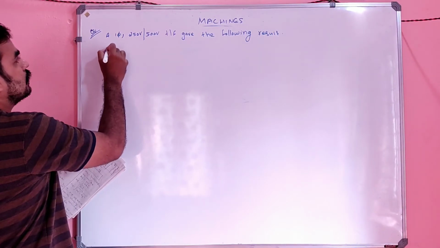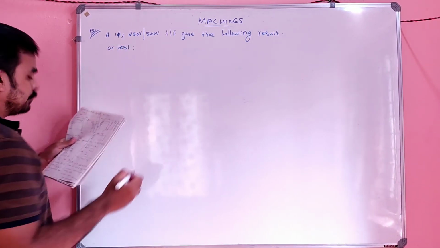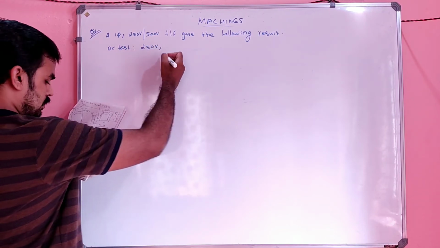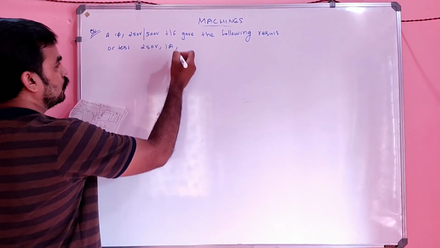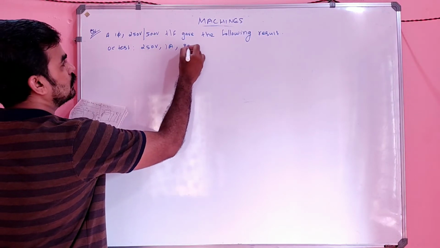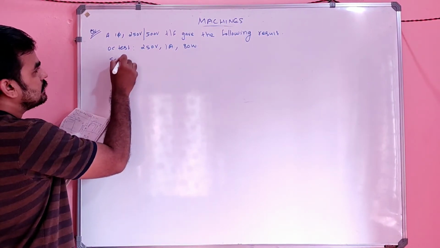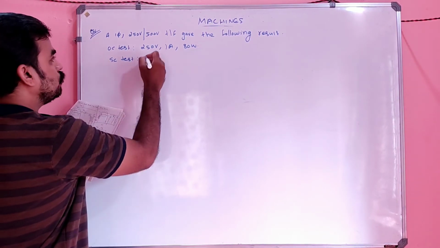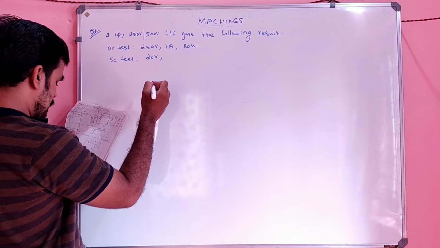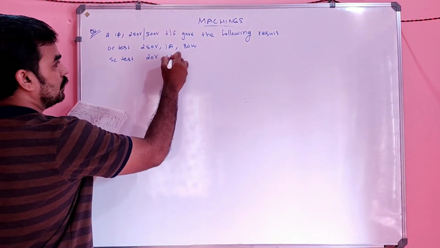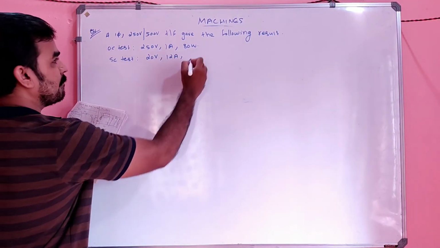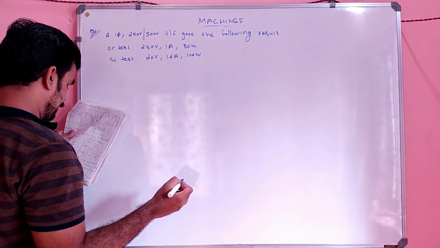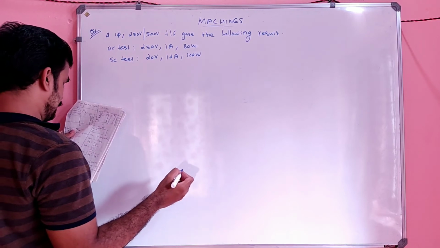OC test: 250 volt, 1 ampere, 80 watt. And the next, SC test: the parameters are 20 volt, 12 ampere, 100 watt, on LV side.